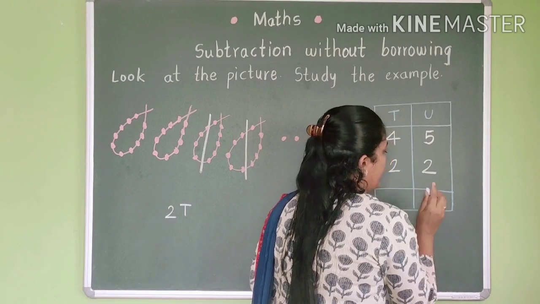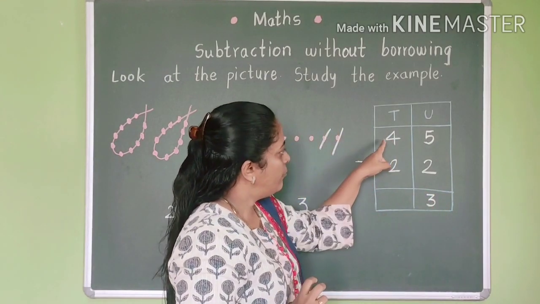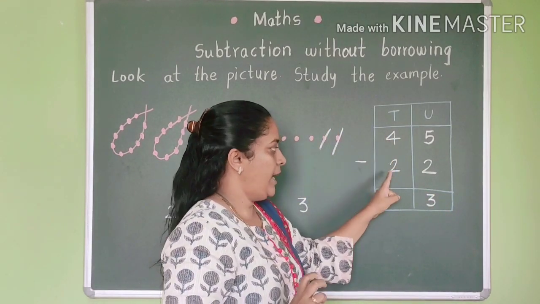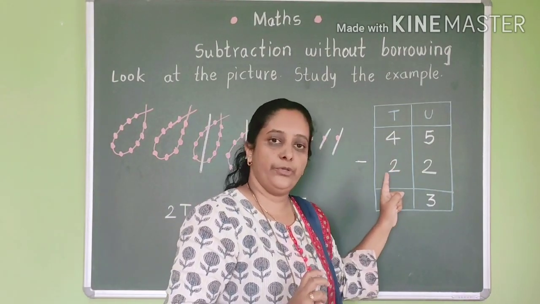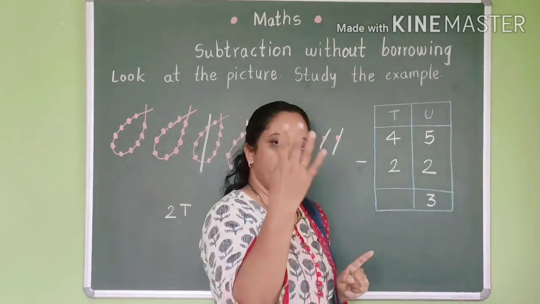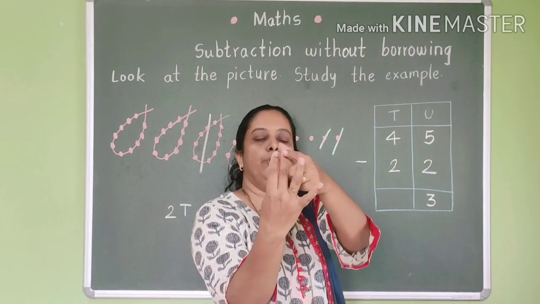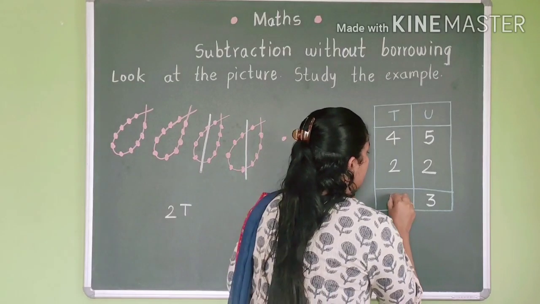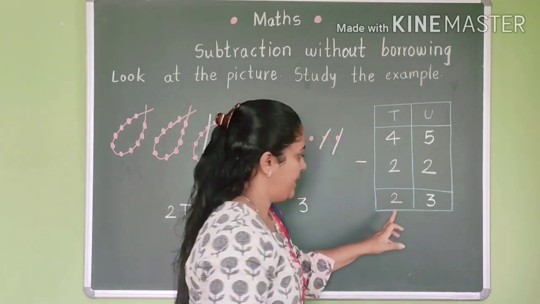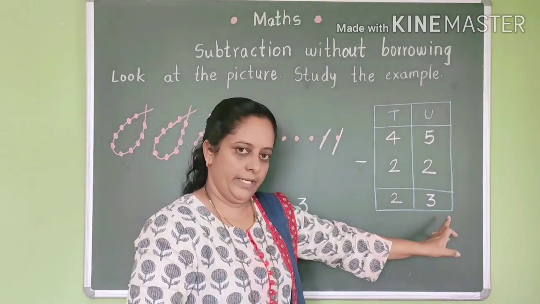From 4 we are going to take out 2, and remained 2. So this number is read as 23. Okay.